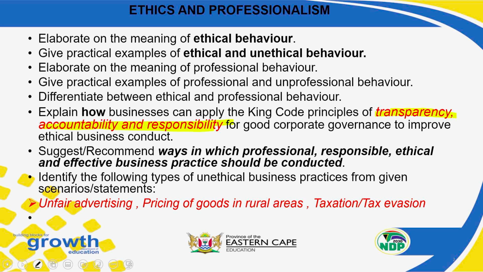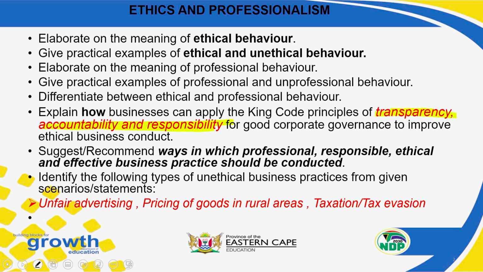That is what you need to know. How businesses can apply. It's not just naming those King Code principles. What is it that businesses must do to make use of transparency? You say the business needs to be transparent, maybe about the employment policies, to other stakeholders like employees.